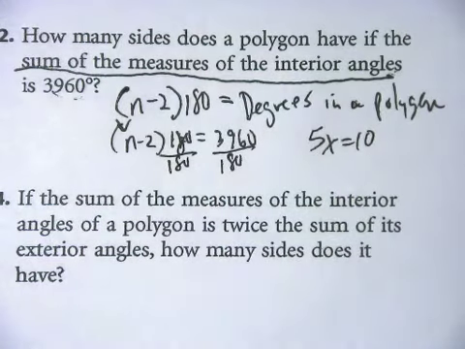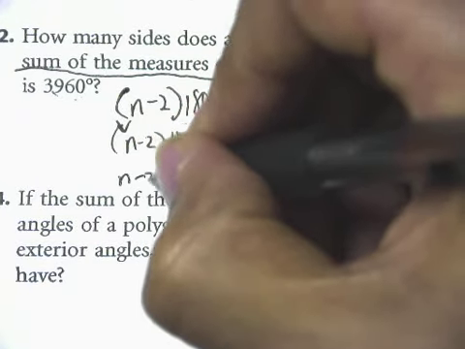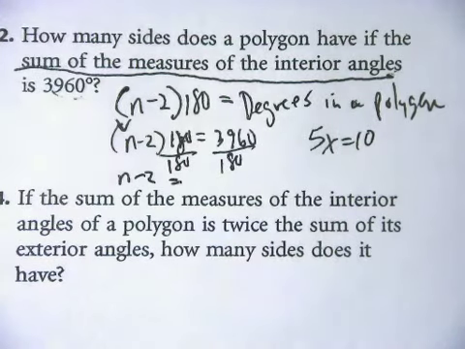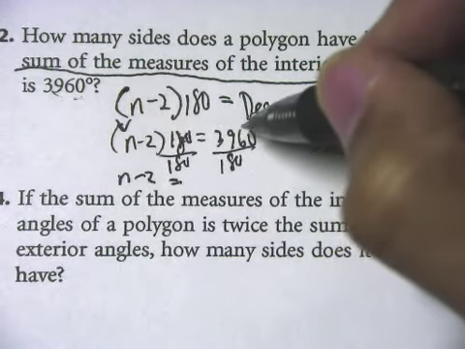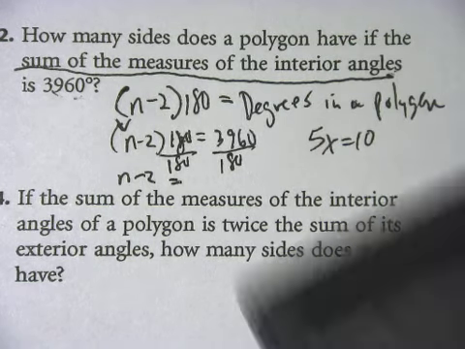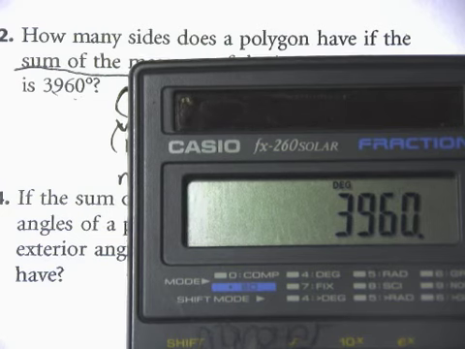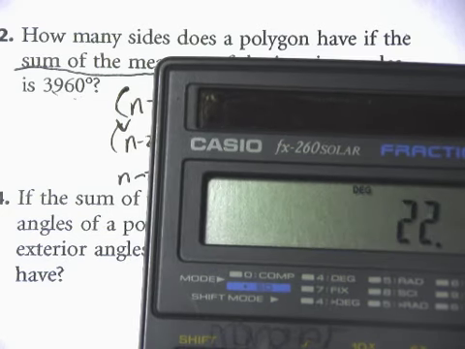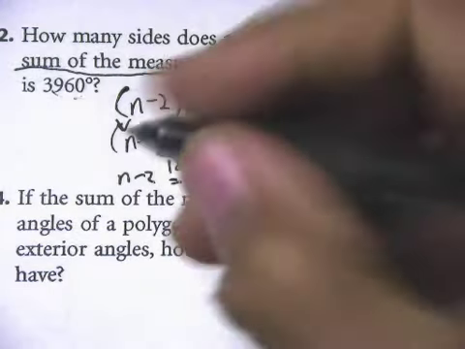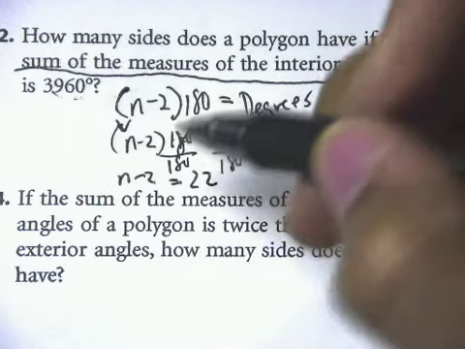Just divide by 180. And you're going to get n minus 2 is equal to 3,960 divided by 180, and that's going to give you 22.